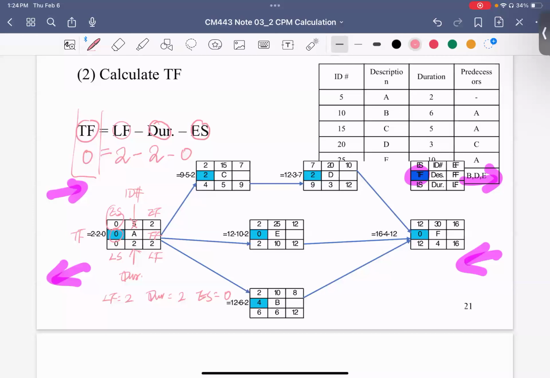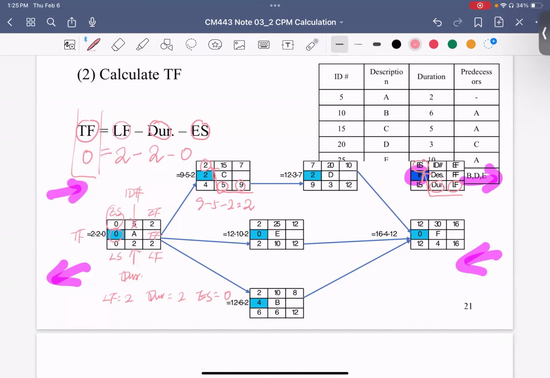The same we can do for C. That will be your late finish time 9 minus your duration 5, and then minus your early start time 2, right? So I can easily do it like this: 9 minus 5 minus 2, we get 2.